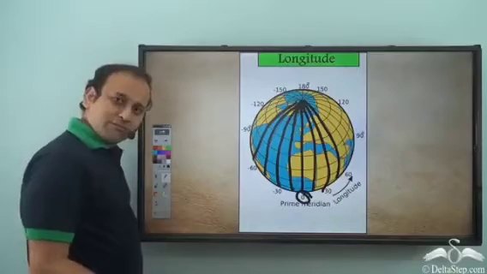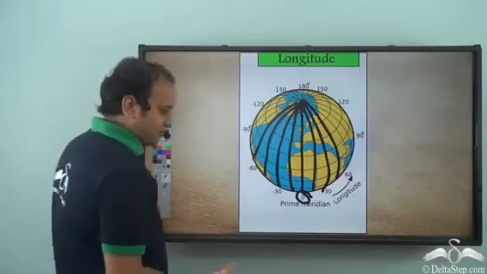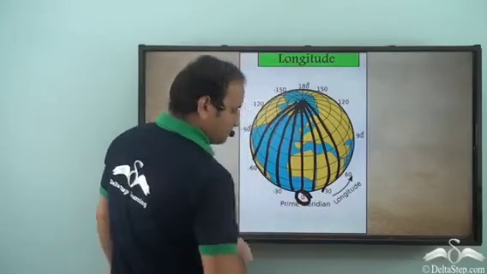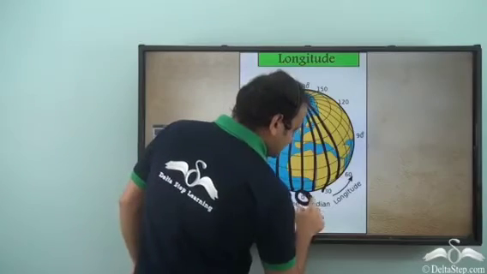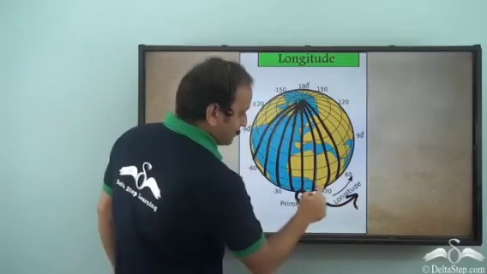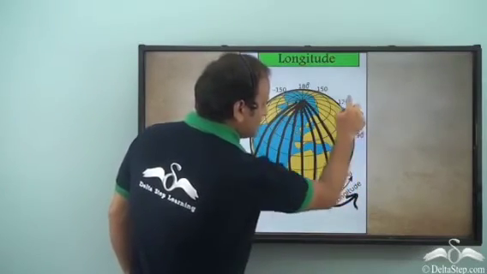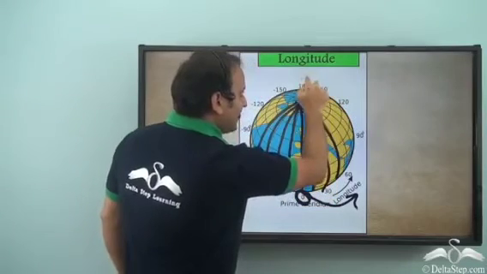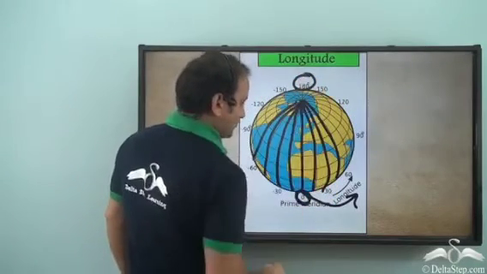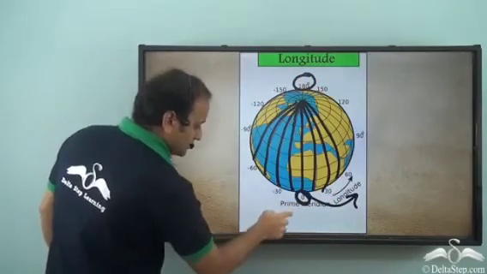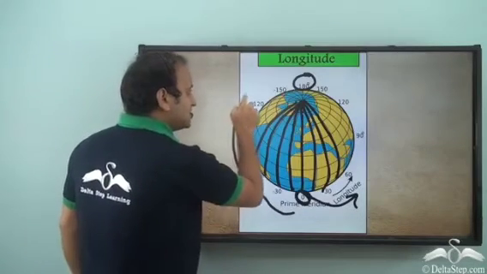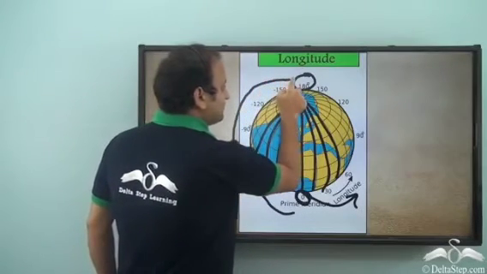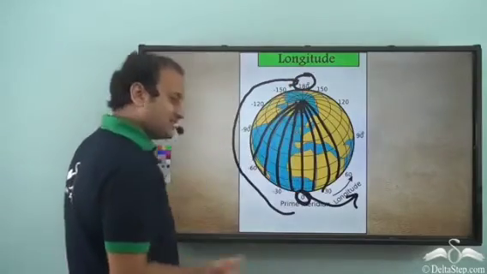Now they are also numbered very similar to latitudes, but they start from the prime meridian. So prime meridian being 0, on the eastern side they are numbered 30, 60, 90, 120, 150 and 180 is the last one. And here it's 0, minus 30, minus 60, minus 90, minus 120, minus 150 and 180 again.